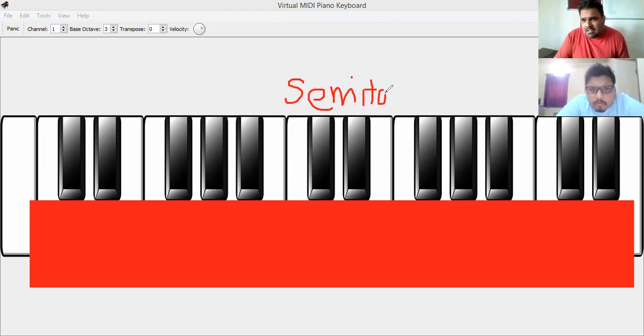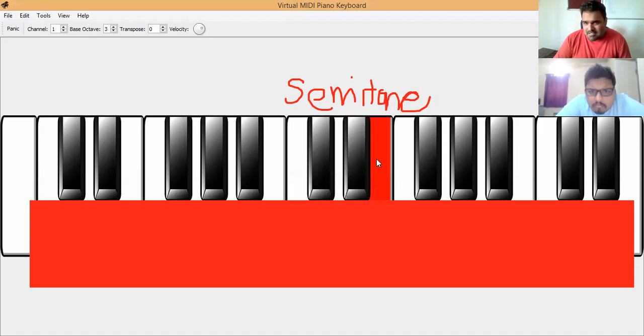So from C to the black key, right now I'm not concerned about the name of the black key, is a semitone. From here to here again is a semitone. From here to here is a semitone. From here to here also is a semitone, although there is no black key, because every step forward is a semitone.